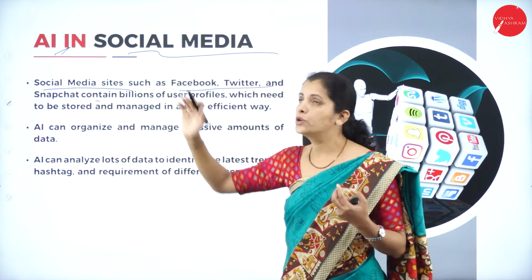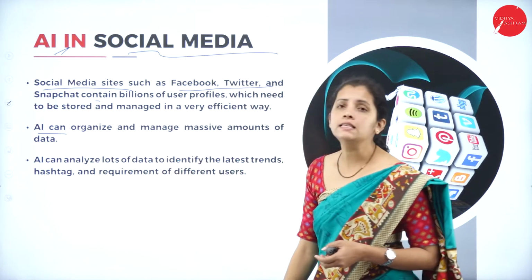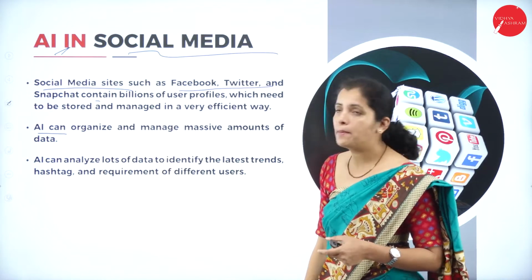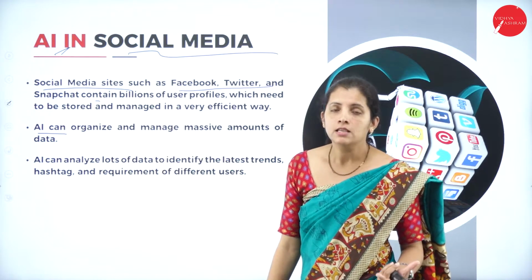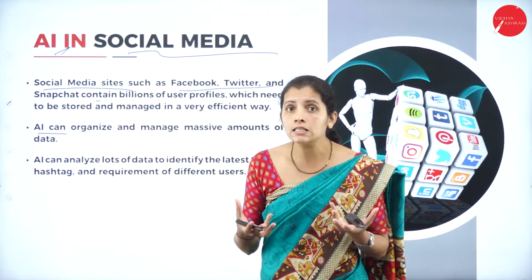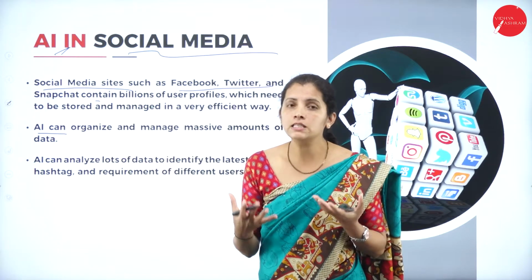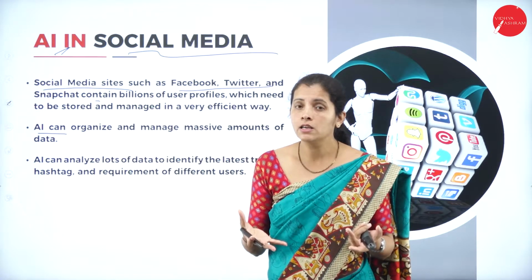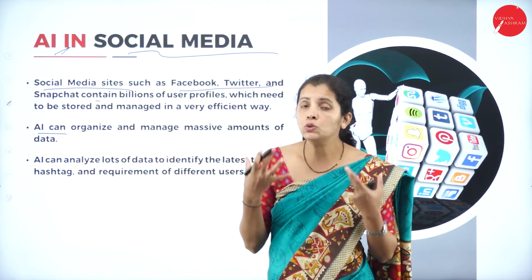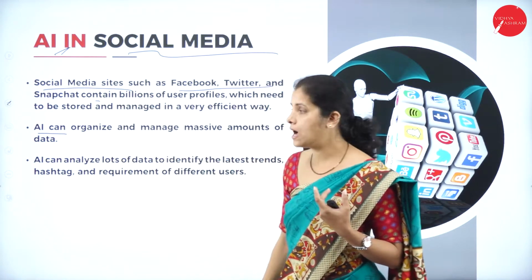For that, I'm going to use AI. So AI can organize and manage a massive amount of data. Suppose I have a massive amount of data, measured in yottabytes, zettabytes, terabytes or petabytes. To manage and store all these kinds of data, I have AI.